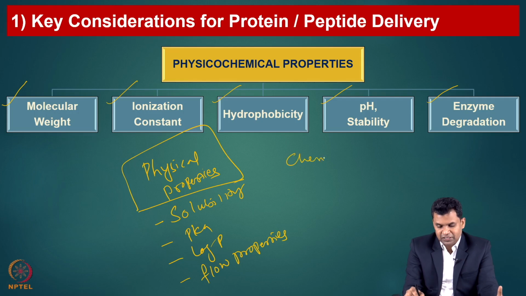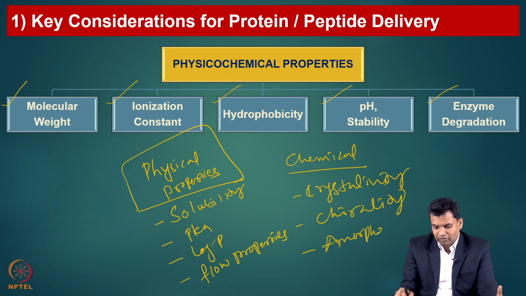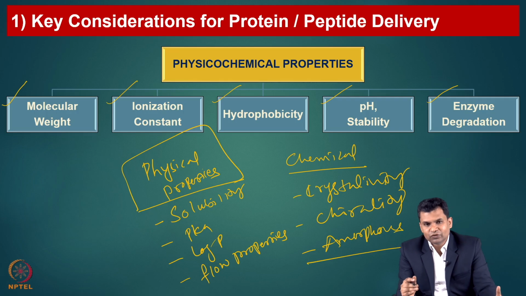When it comes to the chemical properties, we try to understand the nature of the molecule, for example crystallinity, chirality, and the amorphous form. These are all very important, and directly or indirectly influence the fate of the formulation.